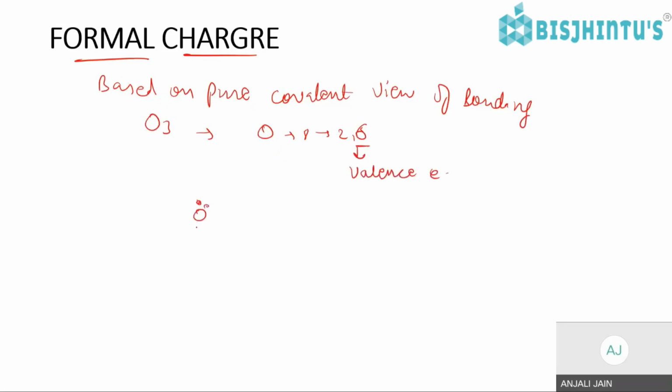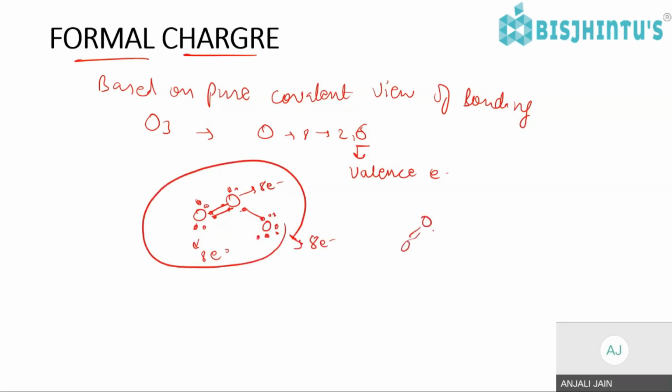If oxygen forms bonds, it becomes 2,4. Counting 1, 2, 3, 4, 5, 6, 7, and 8, this has 8 electrons. This also has 8 electrons, and this also has 8 electrons. This is how the structure of ozone is.